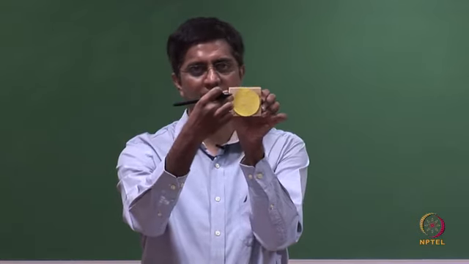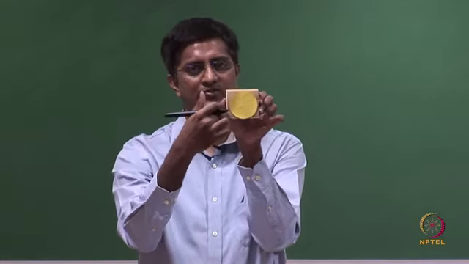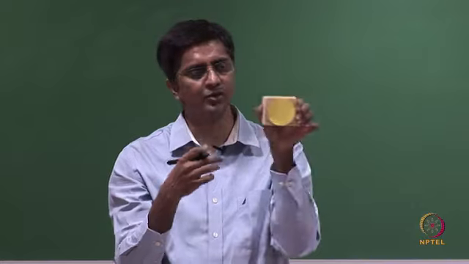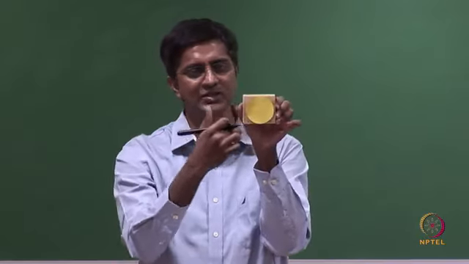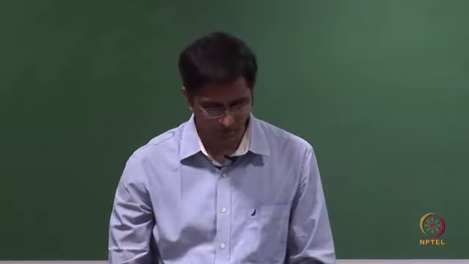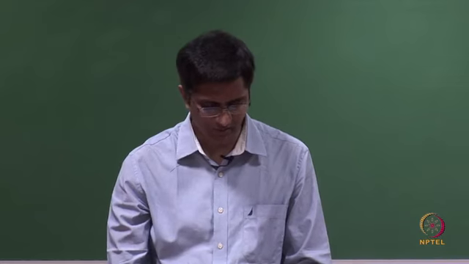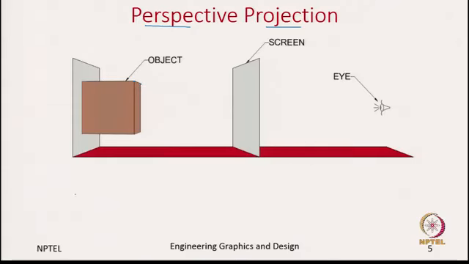If you look something like this, what would you see from the front face? Since I say it is a cube, what you will see is a square. So, how do we construct that? We take the 4 corners of the square and then draw the projectors.